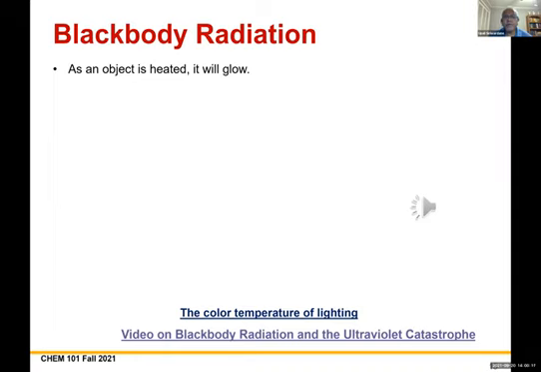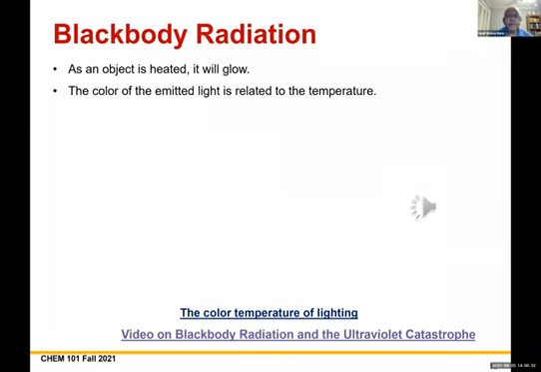To get an idea of how that failed, look at the application of Newton's laws to radiation. If you look at this object that is heated and glows, that is called black body radiation. A black body is a body that emits radiation when heated and glows.